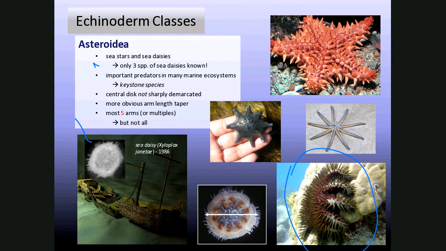A keystone species is a species in the environment that its presence or absence causes the biggest change in the environment. All right, so the crown of thorns sea star is a highly voracious predator. And when it moves into ecosystems, it causes massive degradation of the ecosystem by just eating lots of things and killing off lots of organisms.